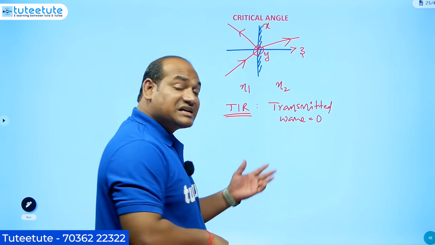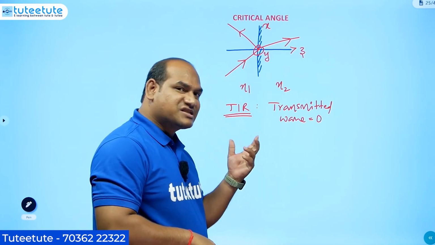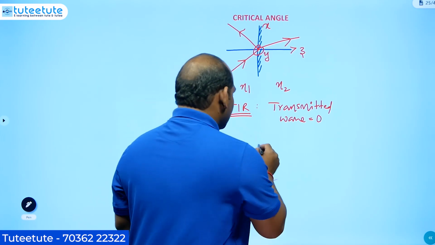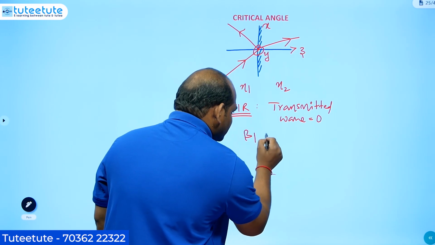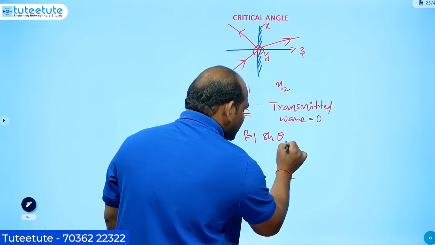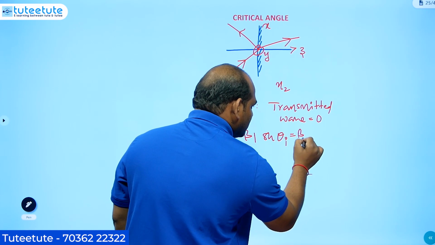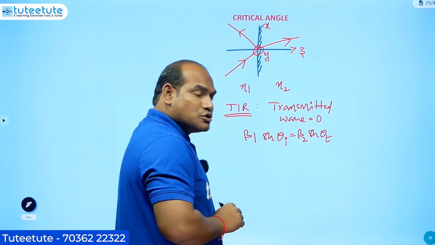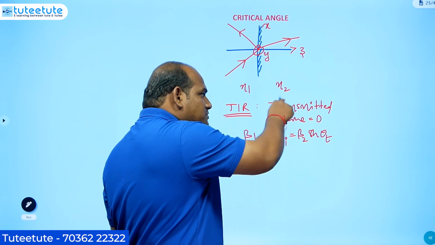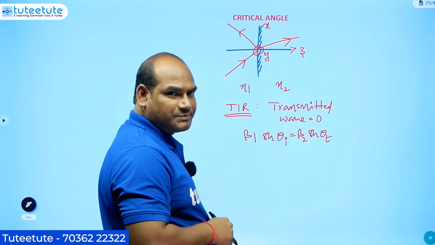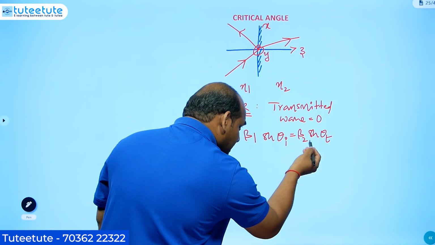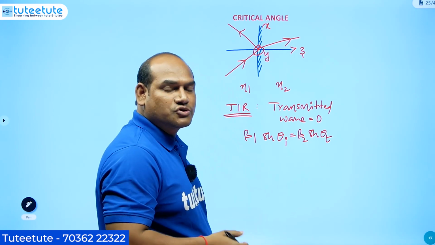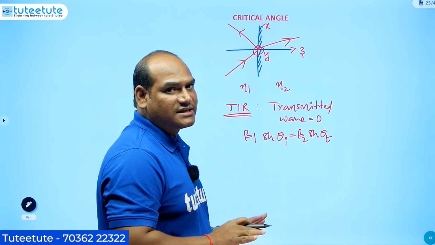For this, what is the condition we have given? From Snell's law, that is beta 1 sin theta I is equal to beta 2 sin theta t. Since there should not be a transmitted wave, there is no question of theta t. So sin theta t we have taken greater than 1, so theta t is not existing.